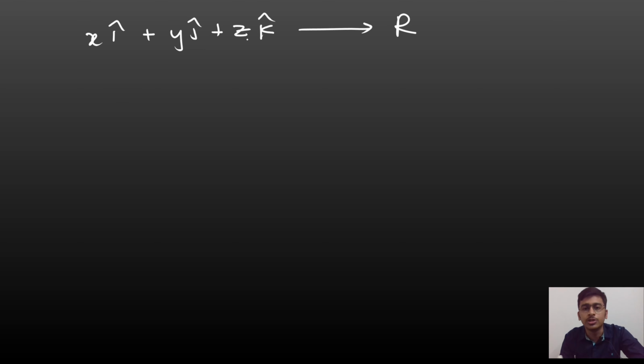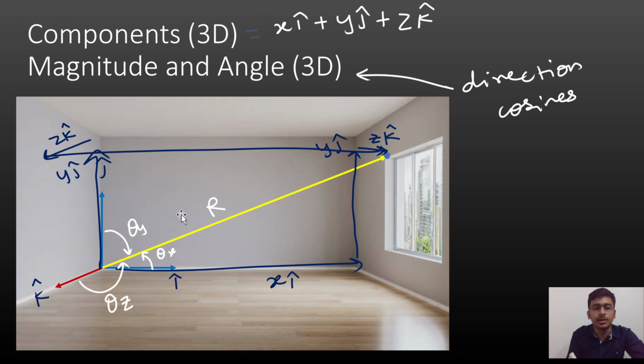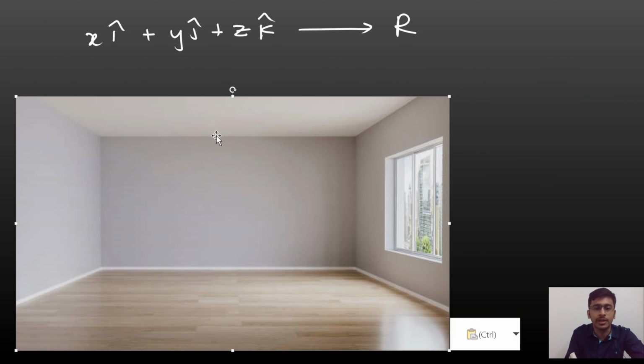Let's say if I have x i cap plus y j cap, and let's say z k cap, to r. How do I convert these components to magnitude? To convert these components to magnitude, what I can do is, simply in this diagram, it's a bit obvious. If it's not, let me just copy and paste this diagram and understand what exactly is happening.